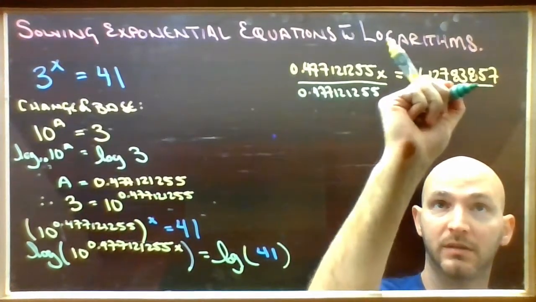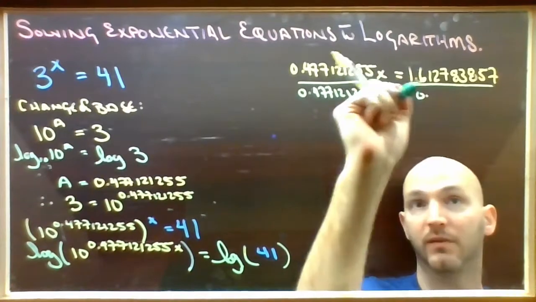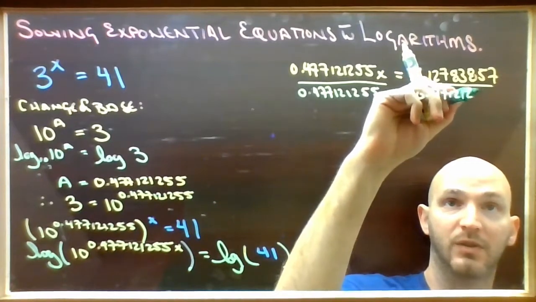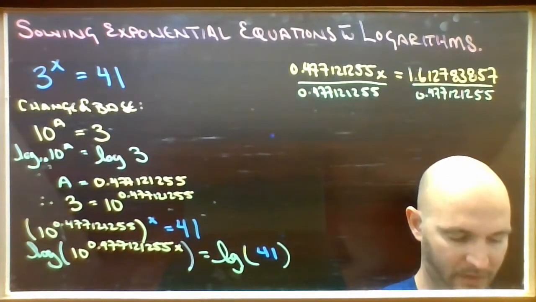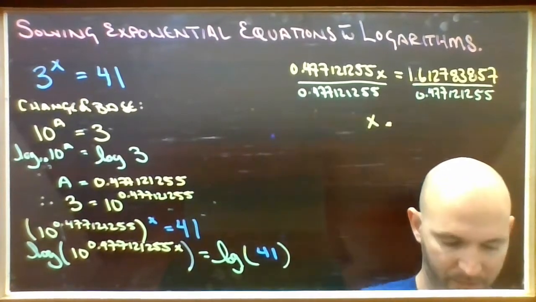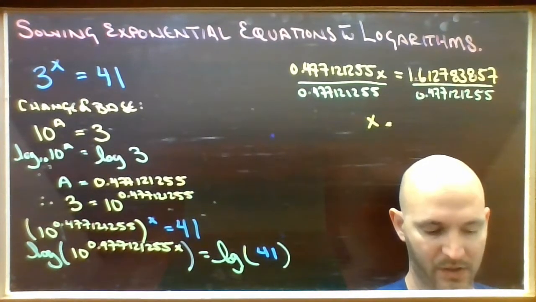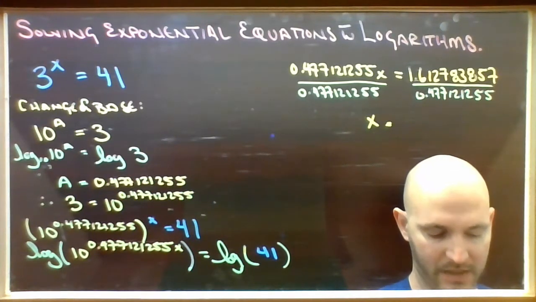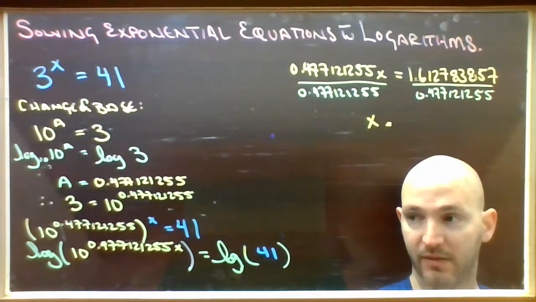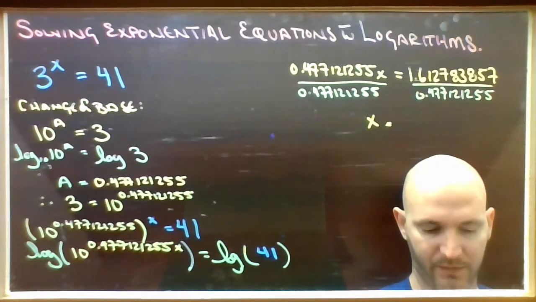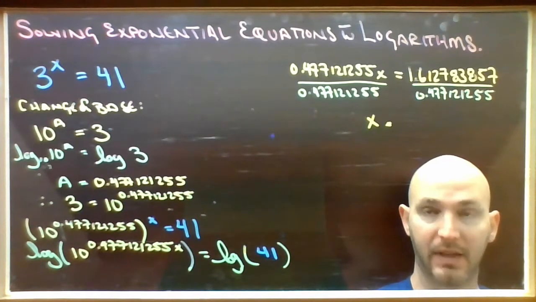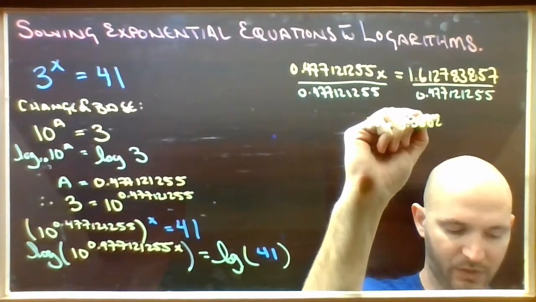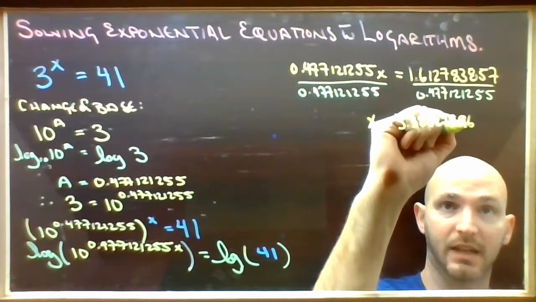0.477121255, and I end up with x equals 1.612783857 divided by 0.477121255, which is 3.380238964.